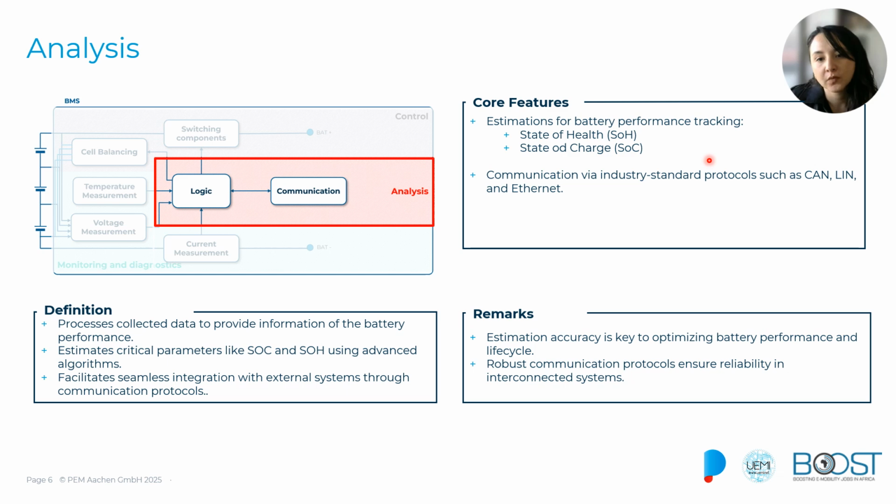Also, it is very important for this subsystem to have robust communications with the systems, and this is important to coordinate the operation and to be sure that the data is being shared in a correct way and that there is enough reliability on those parameters that are being shared.